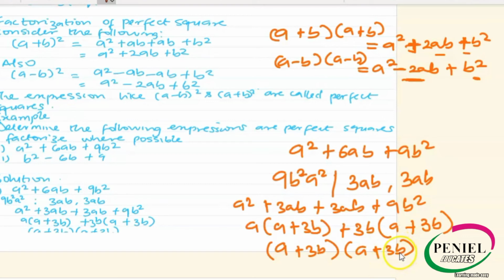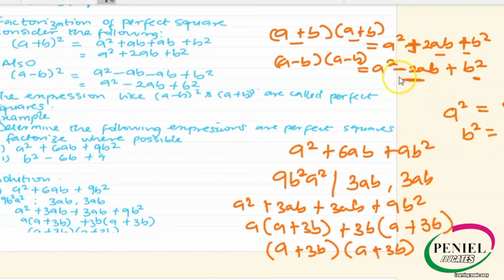There are some things that I want us to take note of in this expression. I want to know whether this is a perfect square or not. Don't forget, in the expression we are given for a perfect square of (a + b), we have a squared, then 2 times a b, and we have another b squared. The square root of a squared is a, and the square root of b squared is b.